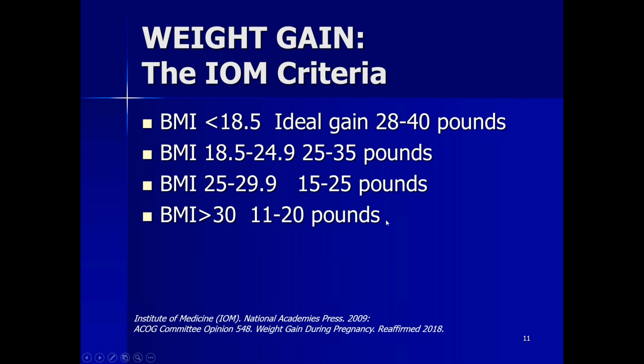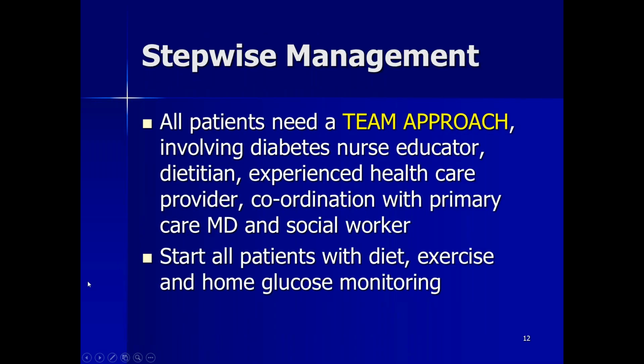You're not going to now tell her to lose 5 pounds, but you're going to try and manage the weight gain appropriately for the rest of the pregnancy. The earlier you see these patients and the earlier you have these discussions about ideal weight gain and nutrition, the more likely you are to be able to achieve those goals. But yes, quite a few of our patients will show up and they have already exceeded that goal.